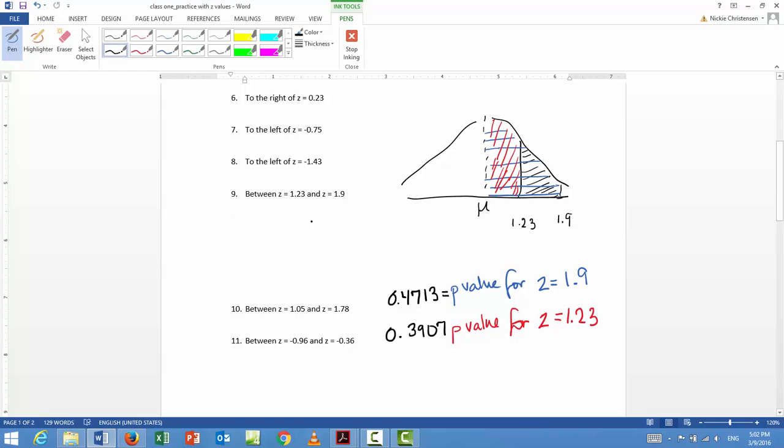Now I've tried to show graphically how we're going to solve this problem.